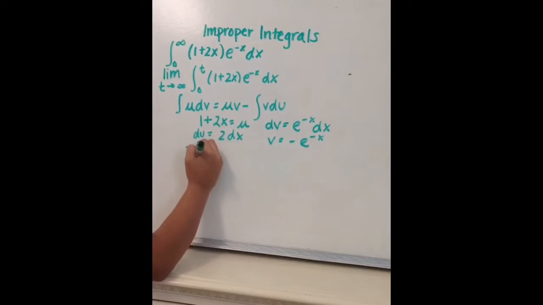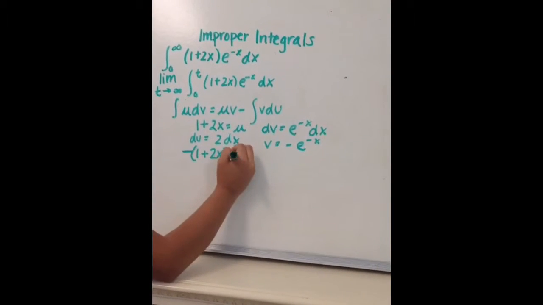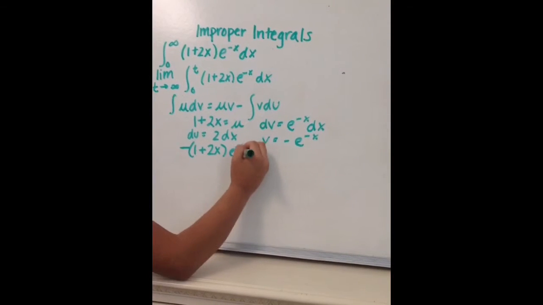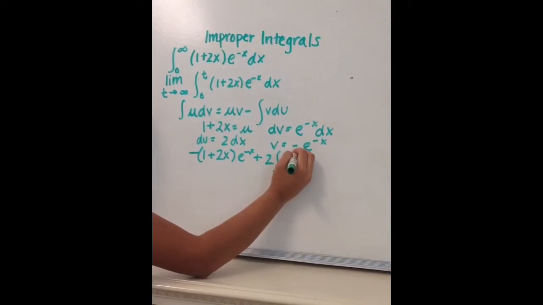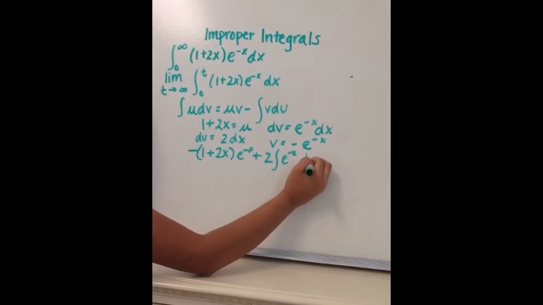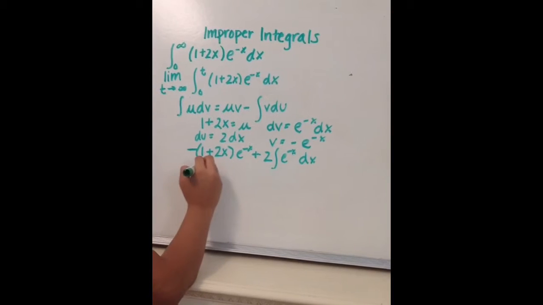So negative 1 plus 2x e to the negative x plus 2 e to the negative x dx. Then we integrate this expression.